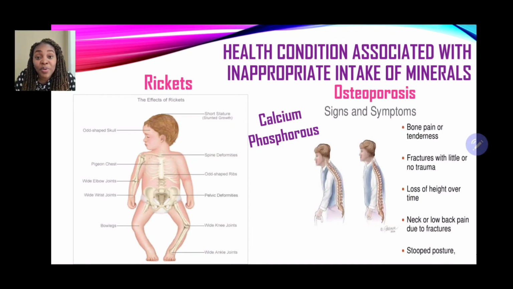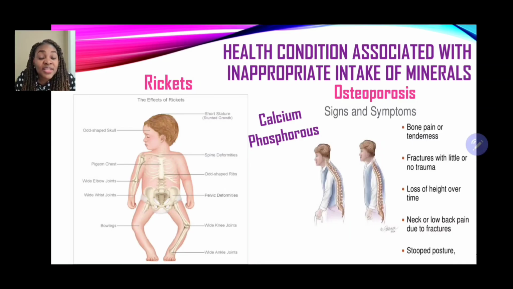They may bounce their body somewhere, and they have a fracture or a broken bone, right? So it is very important for us to understand the importance of these minerals so we can prevent these illnesses from happening to ourselves and also our family members, right?